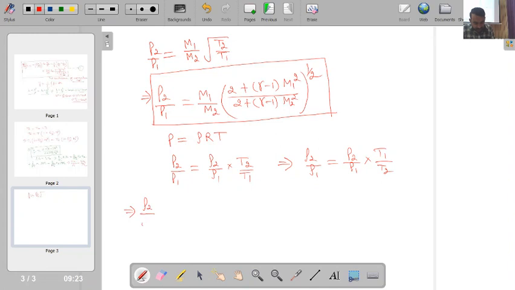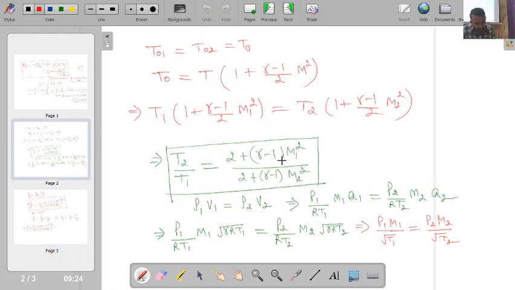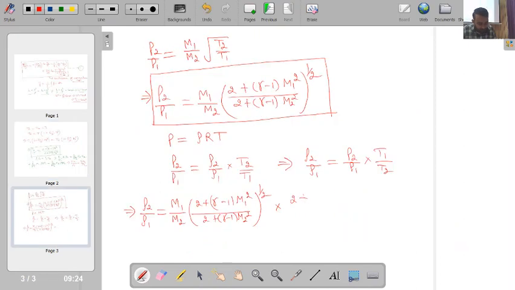So from here I will get rho 2 by rho 1 is equal to P2 by P1, which is M1 by M2 times 2 plus gamma minus 1 M1 square upon 2 plus gamma minus 1 M2 square whole power 1 by 2, multiplied by T1 by T2. So T2 by T1 is this one, so I have to just take the reverse of this: 2 plus gamma minus 1 into M2 square divided by 2 plus gamma minus 1 into M1 square.